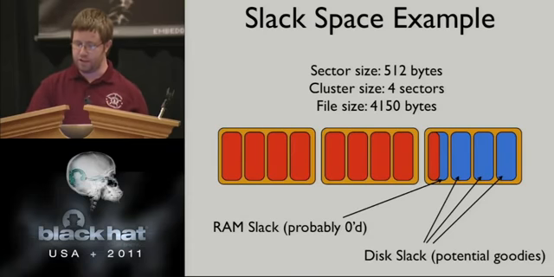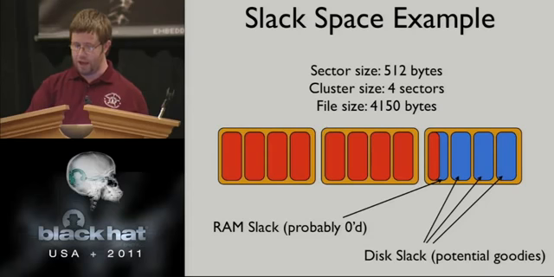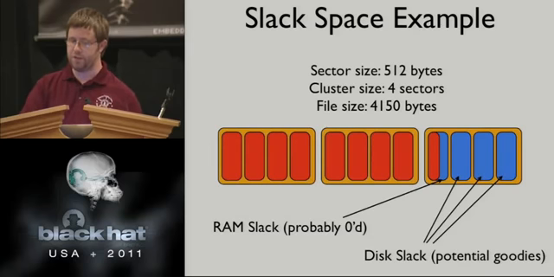Cluster size of 4 sectors. Now, you'll see cluster sizes of 4 sectors, 2 sectors, 8 sectors, 16, typically in powers of 2. And it's basically a balance of performance, as to how efficiently the operating system can get you a set of clusters to put data in, and how much space you want to waste.